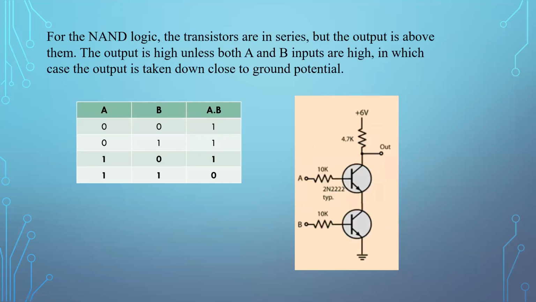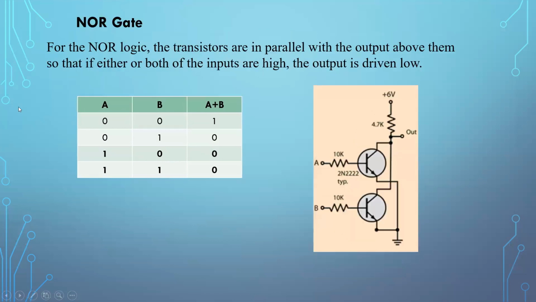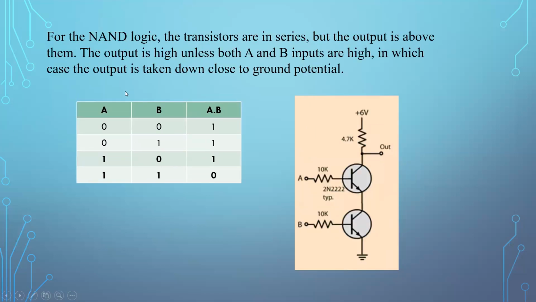Similarly, we can create a NAND gate. The NAND gate circuit is the same as the AND gate, only instead of taking the output at the bottom part, we take the output at the top part. If the bases are at 0 volts, they are not conducting, so current cannot flow, there is no drop, and the full voltage comes to the output.